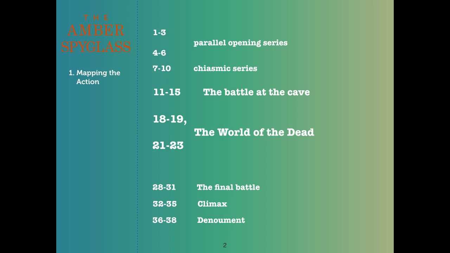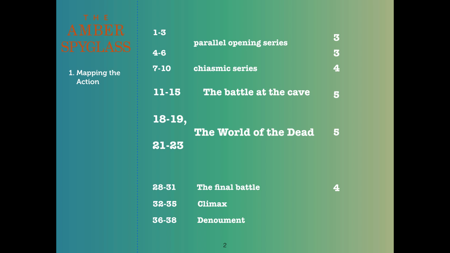The pattern formed by these clusters of chapters starts to emerge more clearly if you look at the numbers. The core episodes are made up of 5 chapters each. The final battle and the chiasmic series comprise 4 chapters each. The parallel opening series contains 6 chapters organized into corresponding groups of 3.